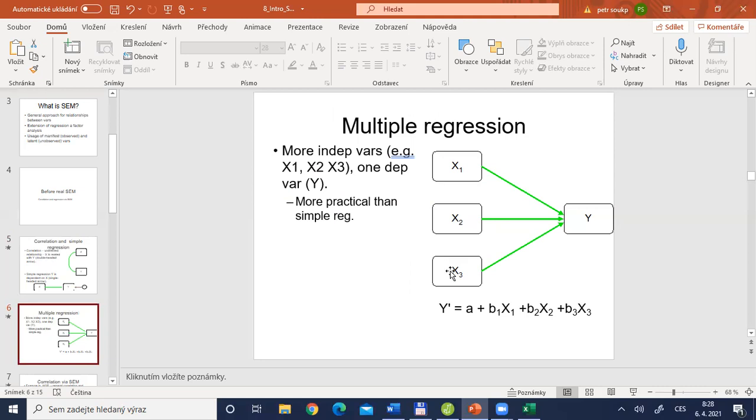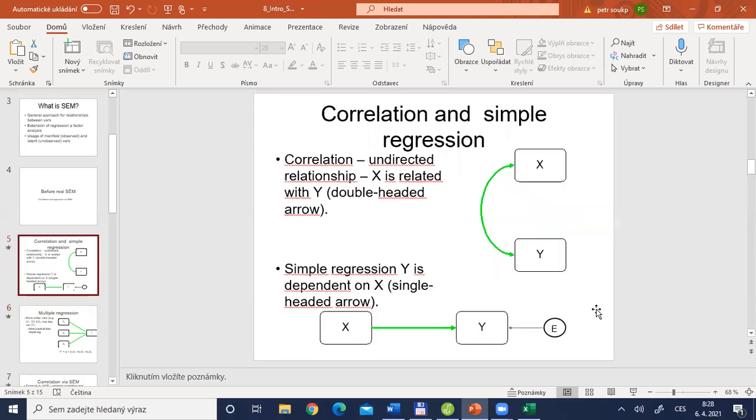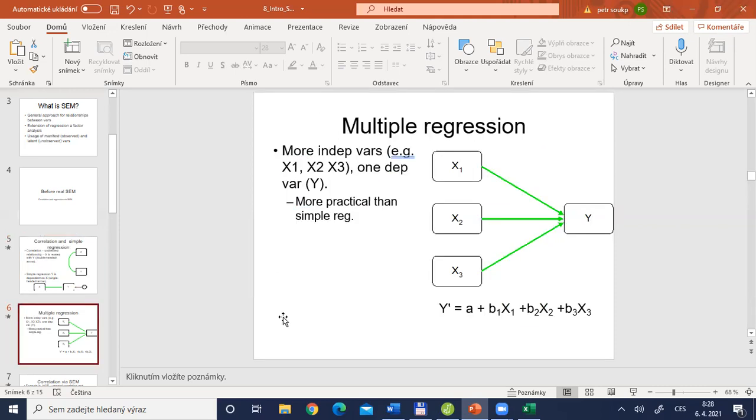So we are preparing a regression model like this one, and it is the purpose of this picture that some parts are missing. If you compare this picture and the previous picture of simple regression, can you help me to identify some missing parts in this model? So what is missing on this picture?